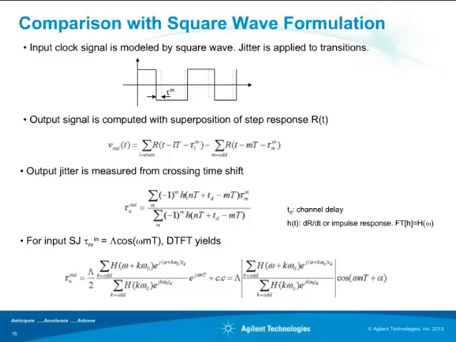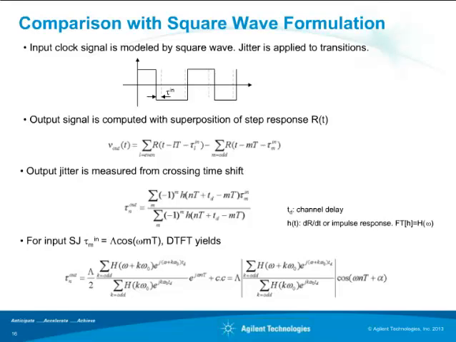Notice that when input jitter is 0, there's no ISI in the output. The output signal 0 crossings are uniformly spaced by exactly 1 UI. Okay. When the input jitter is turned on, the output jitter can be measured from the crossing time shift.